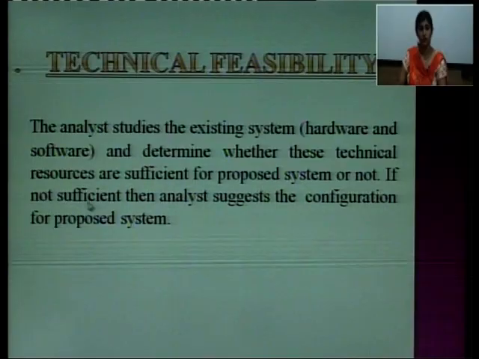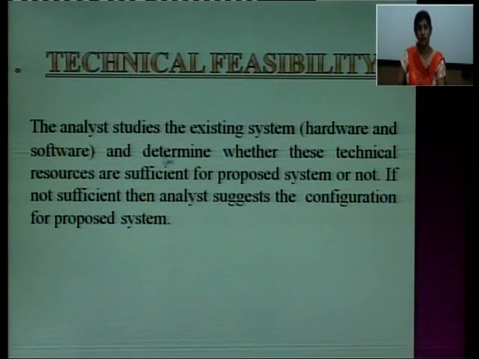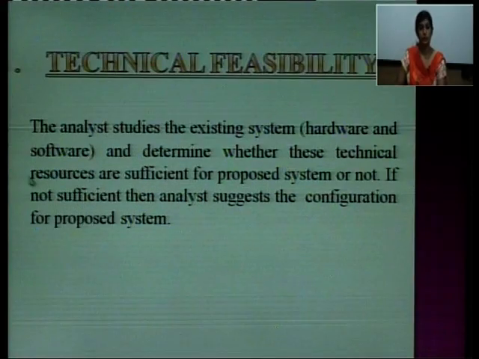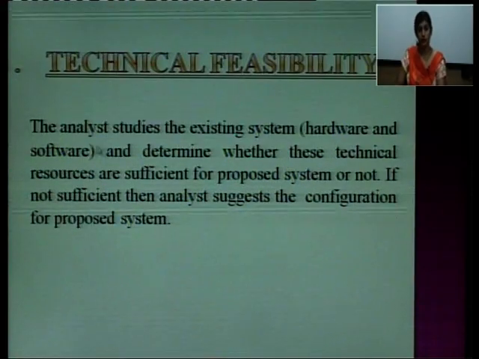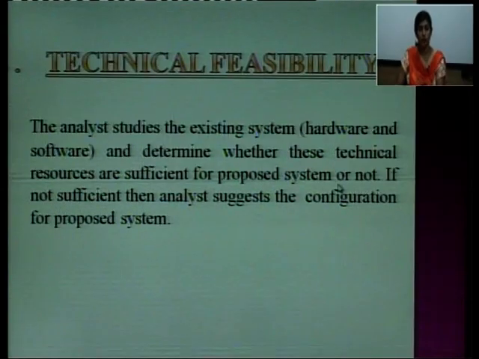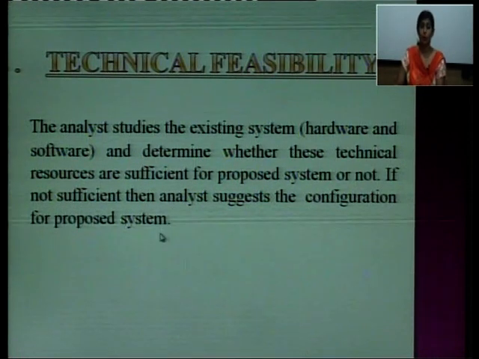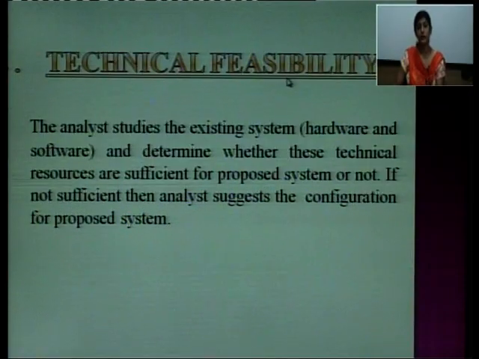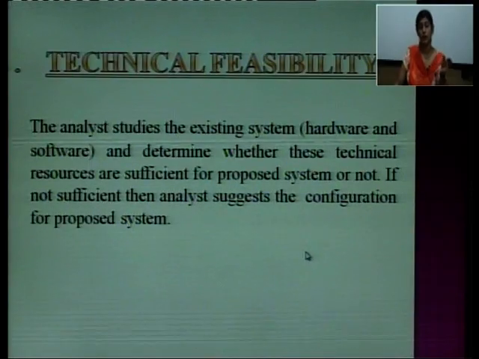That is hardware and software, and on the basis of that study, he or she determines whether these technical resources, meaning hardware and software, are sufficient for the proposed system that we are going to rebuild or not. If not, then the analyst suggests the configuration for the proposed system. It means that if the hardware and software are sufficient, fine, or if we need more than that, then it should be there.